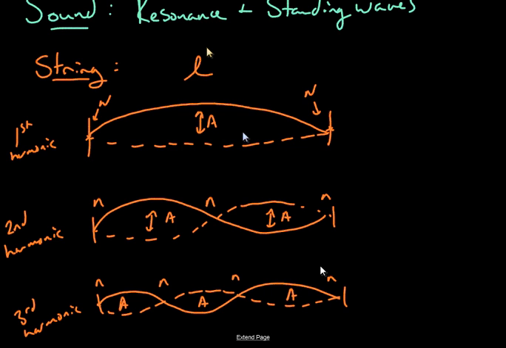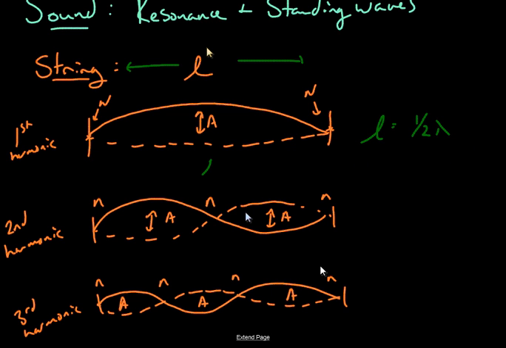So something to remember here, right, is if we look at what a full wavelength looks like, okay, if this is the length of the string here, okay, essentially we have length being equal to half of a wavelength, or a wavelength equal to twice the length here, right? One full wavelength would be the continuation of this out to here.